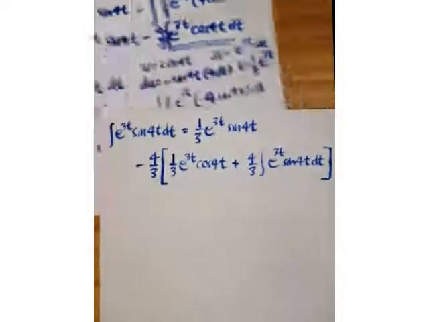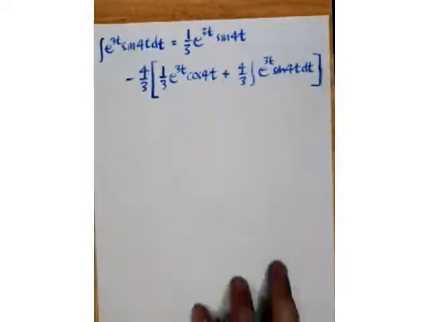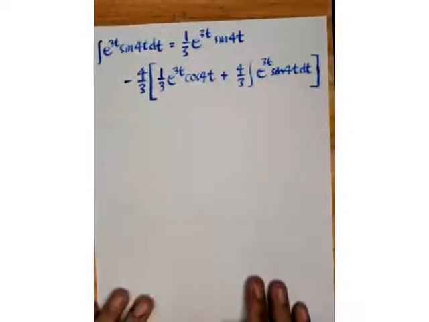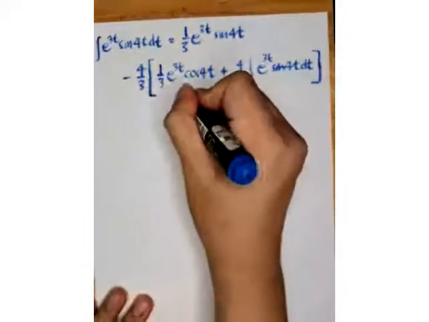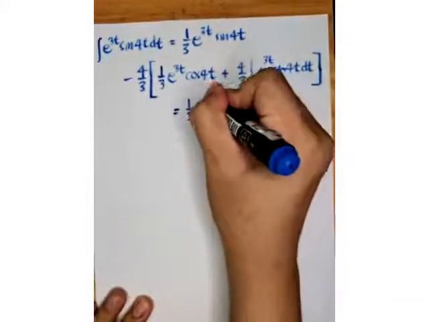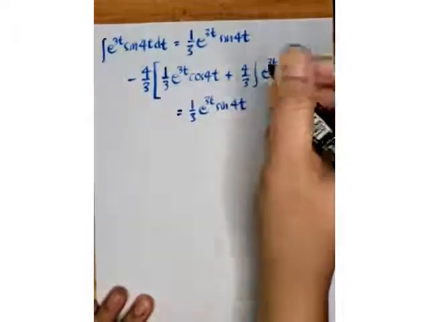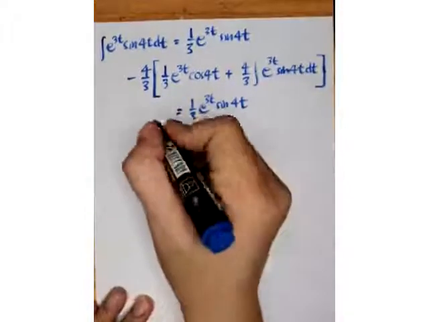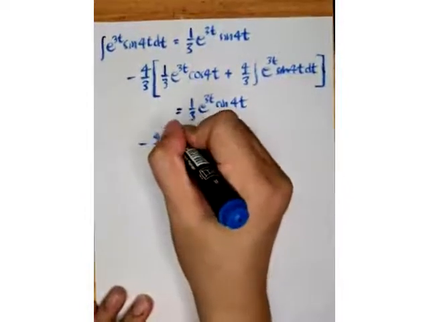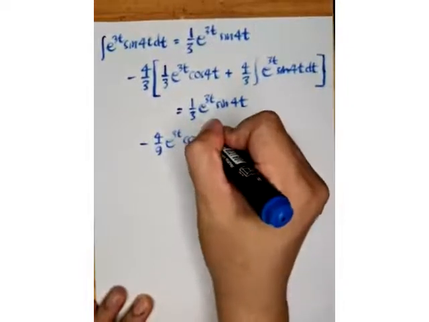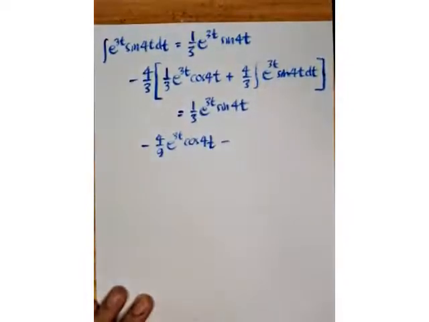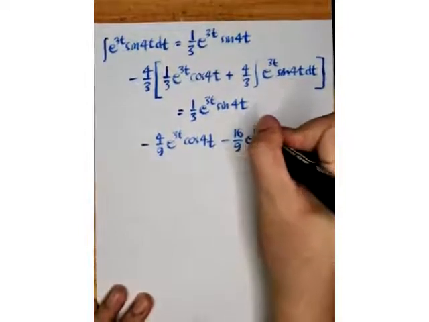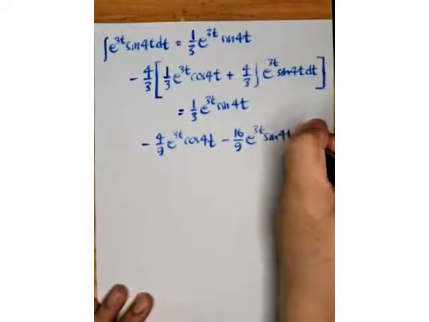Ayan. Pero hindi pa siya tapos. Okay? So, syempre, hindi pa rin siya tapos. Simplify pa natin siya. Okay, so that's equal to 1/3 e raised to 3t sine 4t minus, distribute natin, 4/9 e raised to 3t cosine 4t minus 16/9 e raised to 3t sine 4t dt.